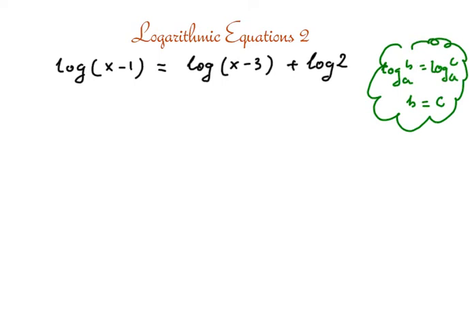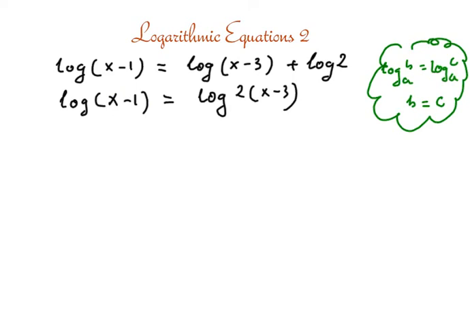In order to achieve that in this exercise, we have to combine these two logarithms using the product rule. So log to base 10 of 2 times x minus 3, or you can say x minus 3 times 2, but in written form, we're going to show it like so. On the left side is log to base 10 of x minus 1.